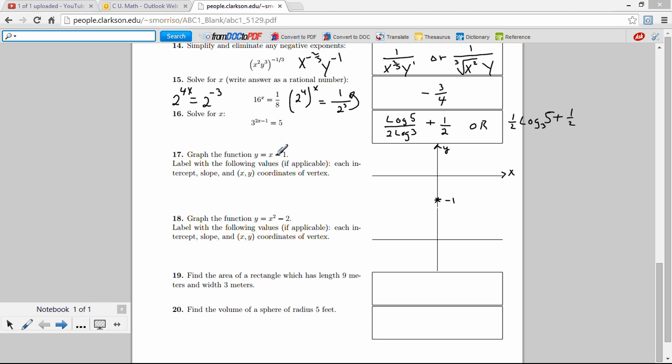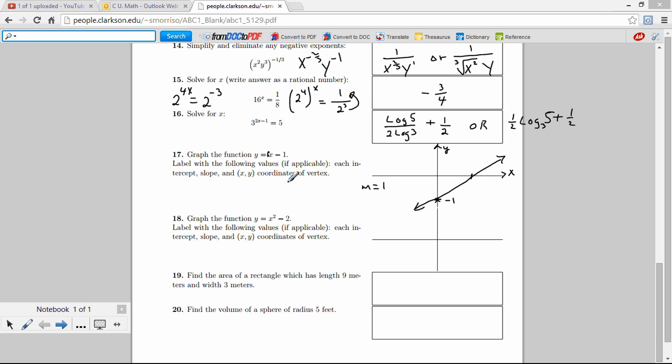And since your slope is a 1, then you're going to rise 1, run 1. So if that's -1, then +1 would sit maybe in there. And so your line should have looked something like this, right? Continues. And you do want to identify the slope because they ask you to do that as a 1. We've identified our y-intercept.